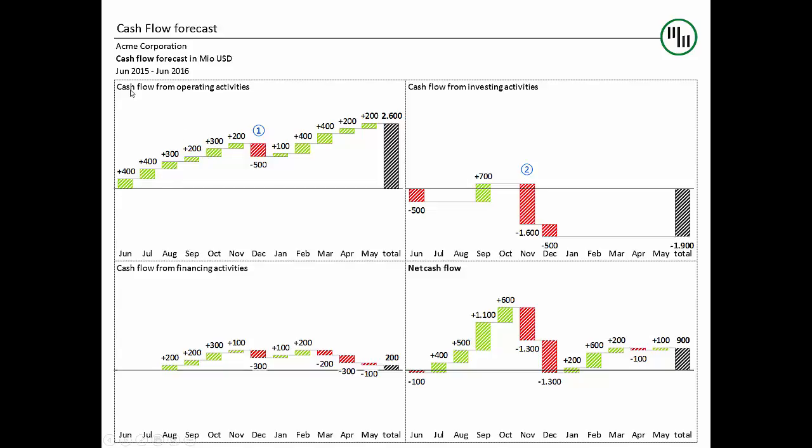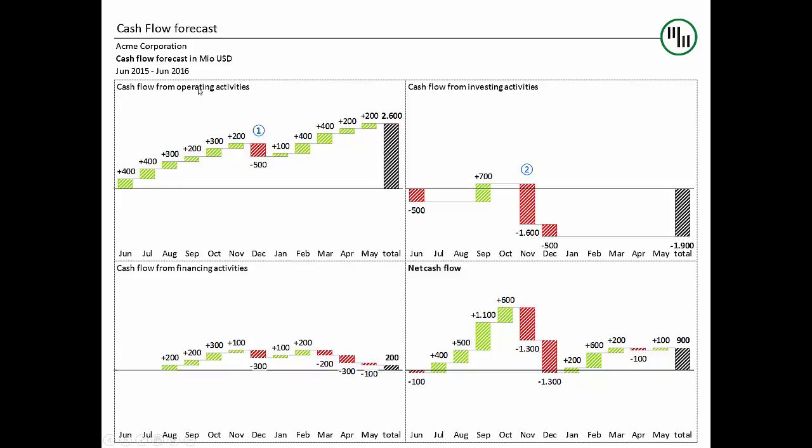Cash flow structures and statements are very different from company to company, depending on the size of the company and of course the industry and so on. But in many cases, the cash flow forecasts and cash flow statements are grouped into three major categories.